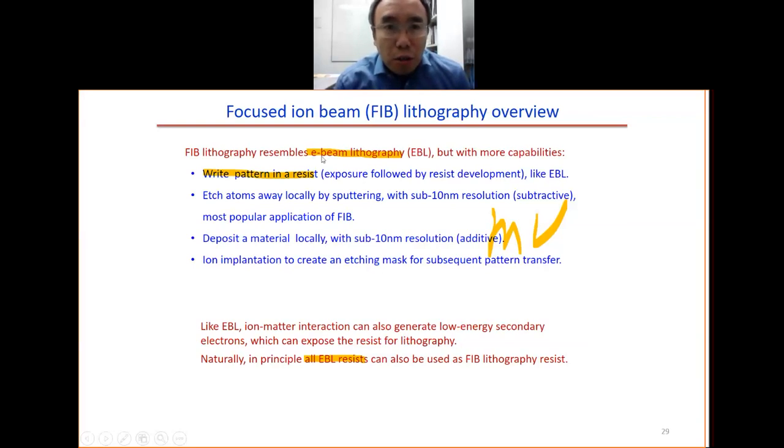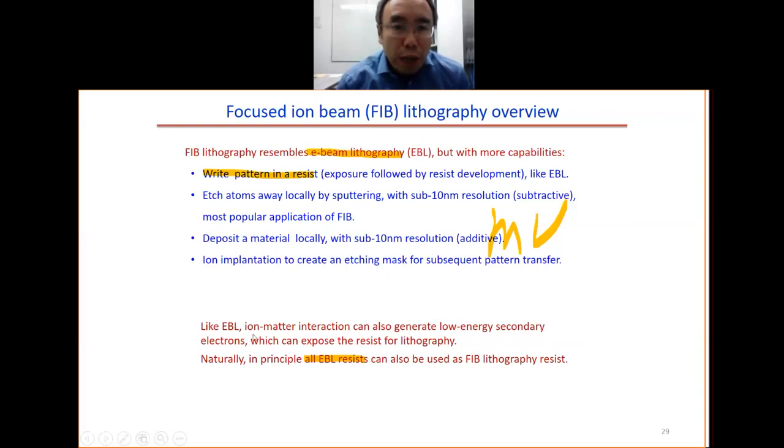Actually, we can also use electron beam to deposit the material locally, but it is more popular to use ion beam. And lastly, we can use ions to do the ion implantation. We have ions implanted into the substrate. It can be used as an etch mask, or for other purposes for the subsequent pattern transfer.